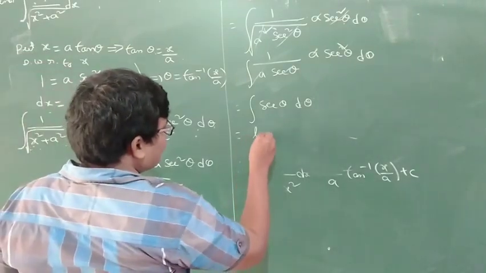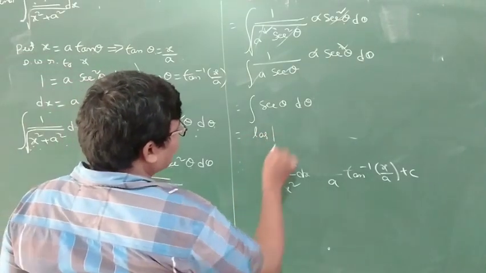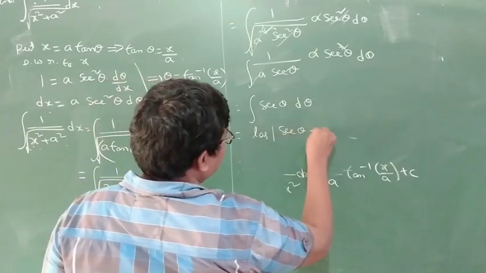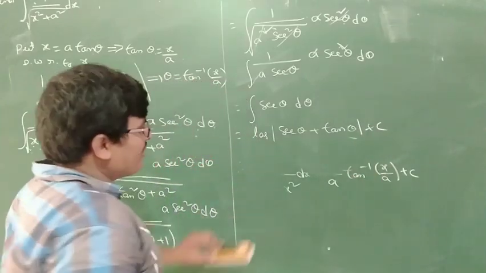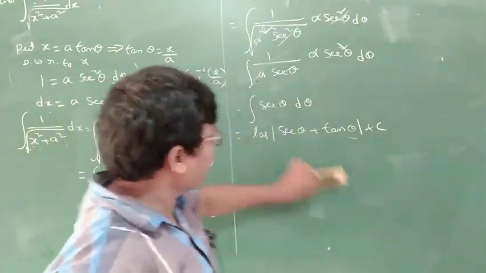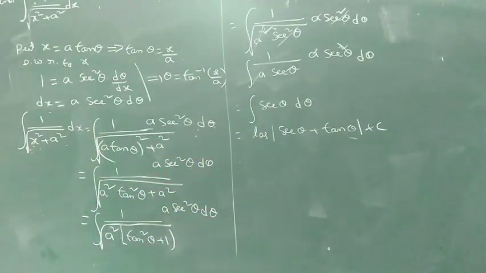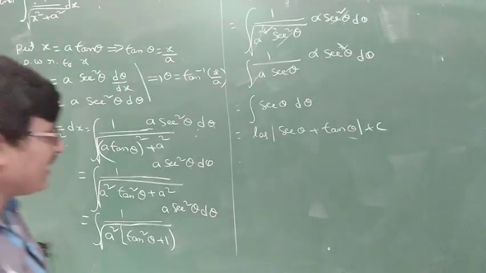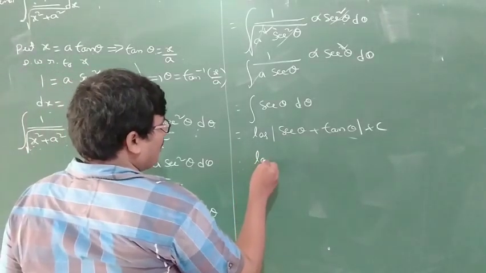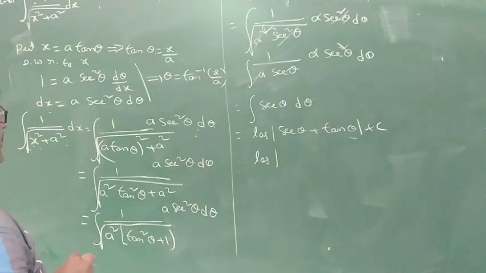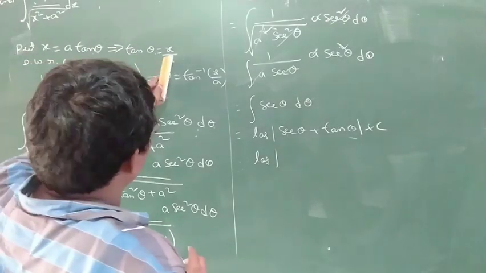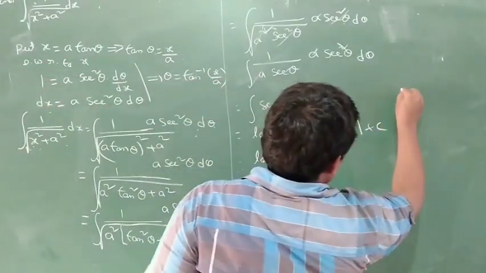The integral of secant theta is equal to log mod secant theta plus tan theta plus c. What is the formula of the integral of secant theta? The direct formula: the integral of secant theta is log mod secant theta plus tan theta. So log mod secant theta, and tan theta is equal to x by a.